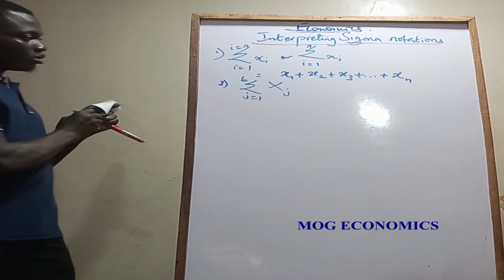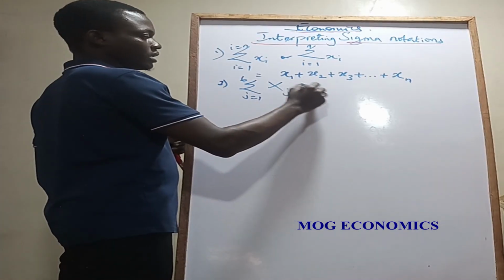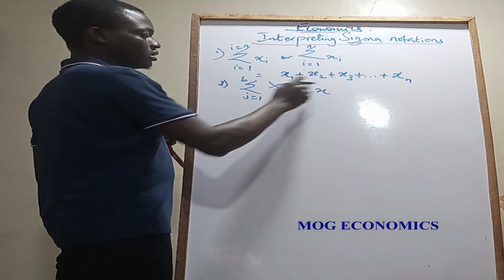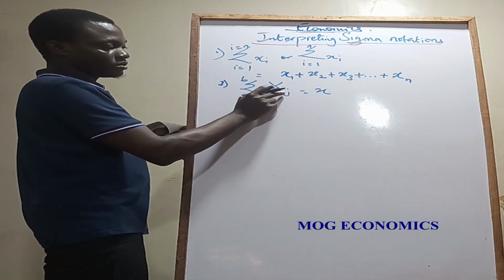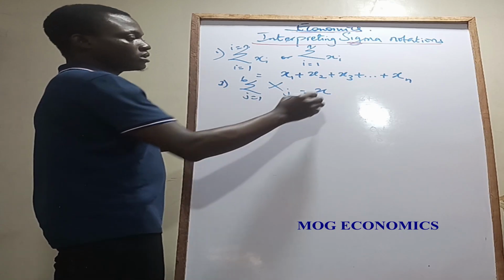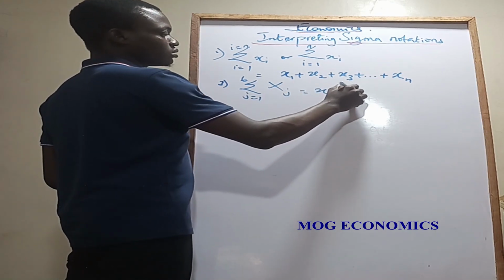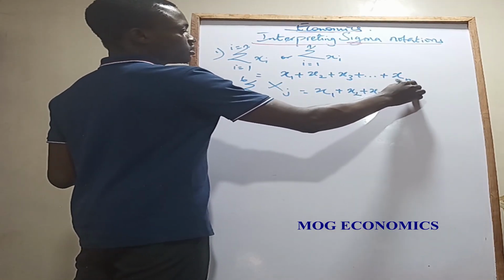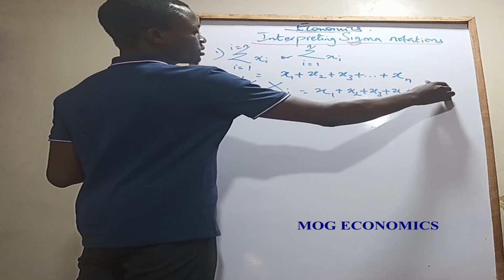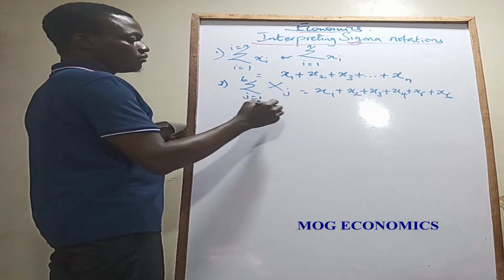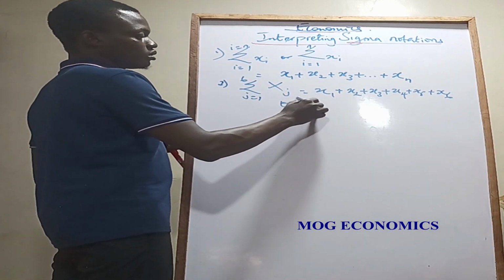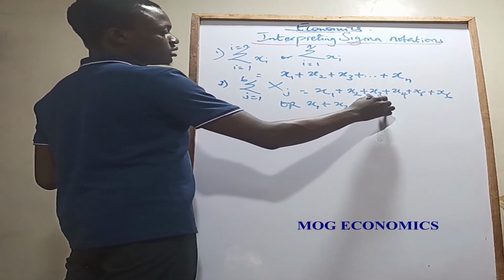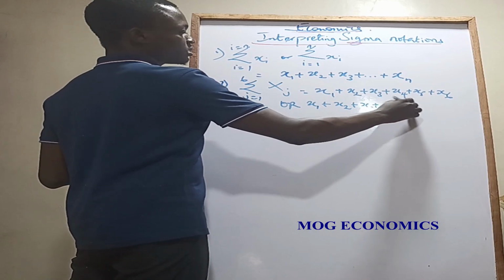This is pretty much the sum of the values of x, where the subscript j goes from 1 to 6: x1 plus x2 plus x3 plus x4 plus x5 plus x6, if you want to write it in full.